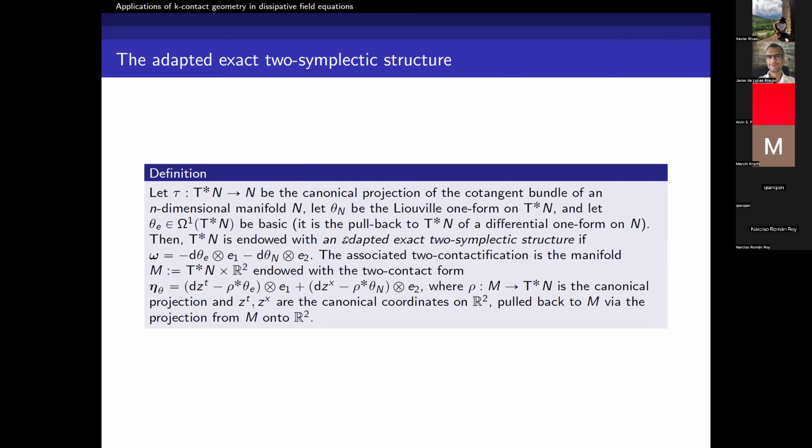Basic means that it is the pullback to the cotangent bundle of a differential on n. Then the cotangent bundle is endowed with the adapted exact k-symplectic structure if we define the k-symplectic two form in such a way. And of course, we have the associated k-contactification, which is defined by taking that manifold and taking that one form.